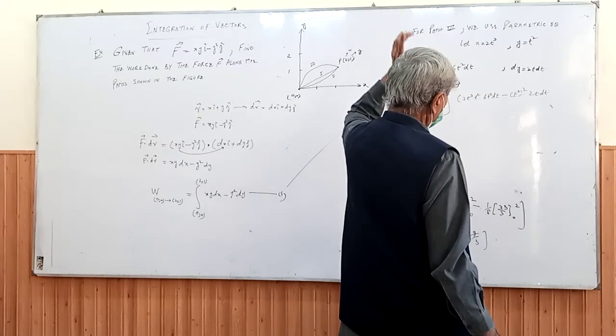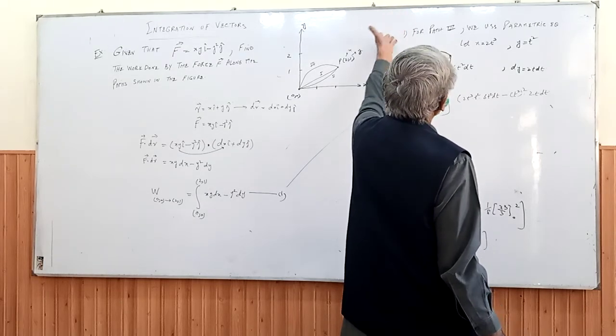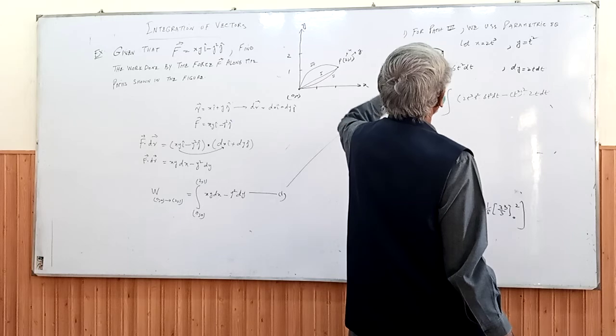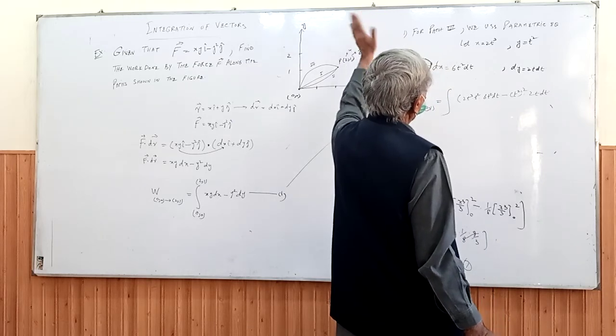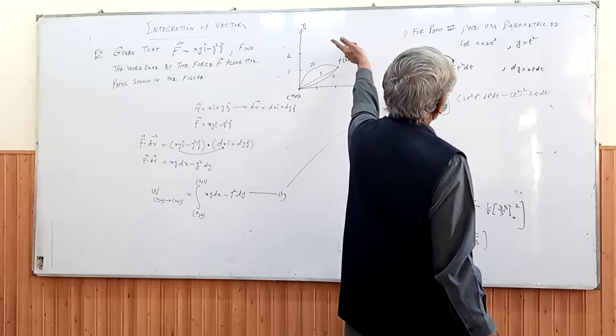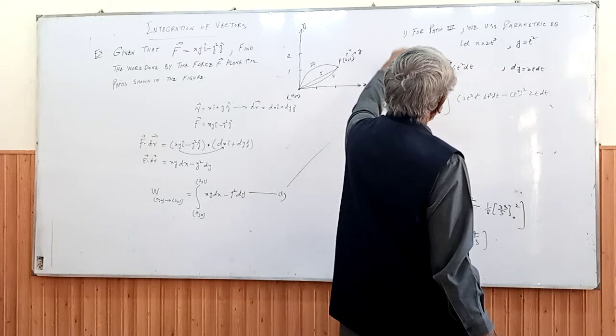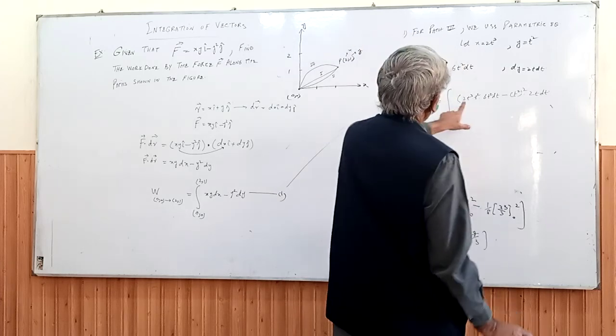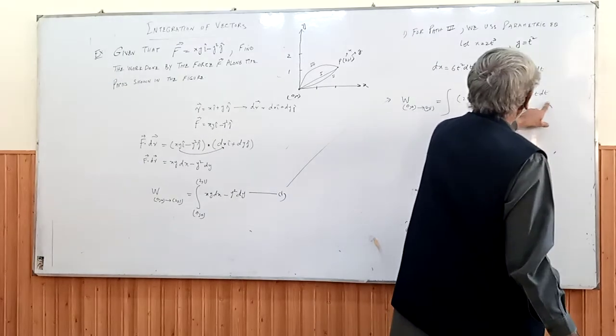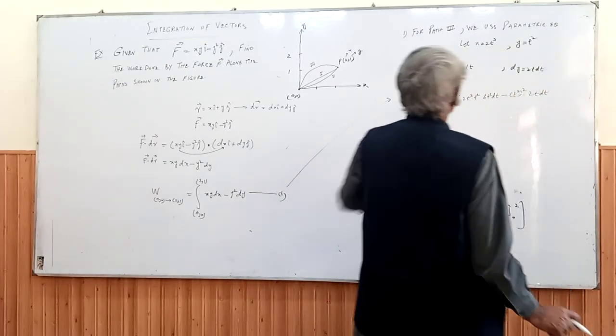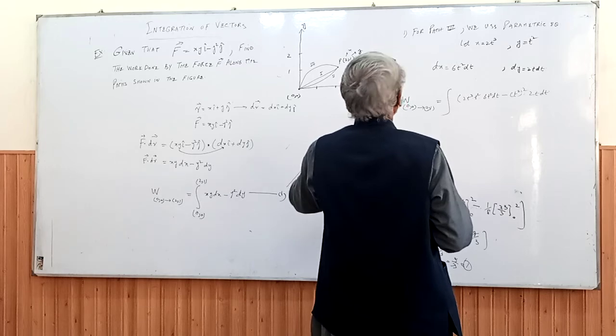In the last 2 problems it was in terms of x, because we converted by means of an equation. In the first case, by the straight line equation. In the second part, by the parabolic equation, and in the third part, the parametric equation. We have converted it to one variable. So this is there. Look at the limit.